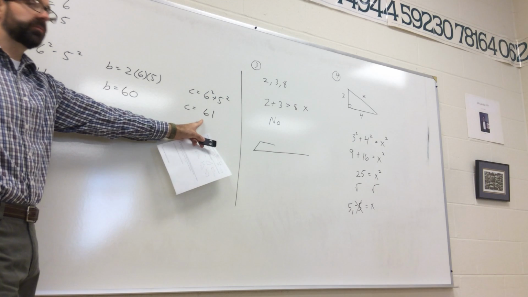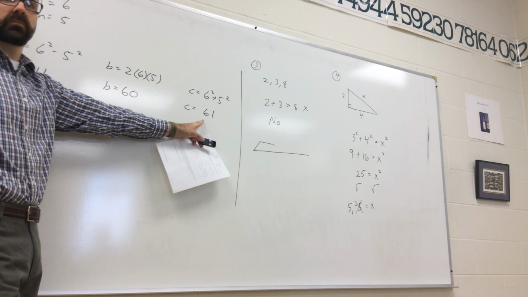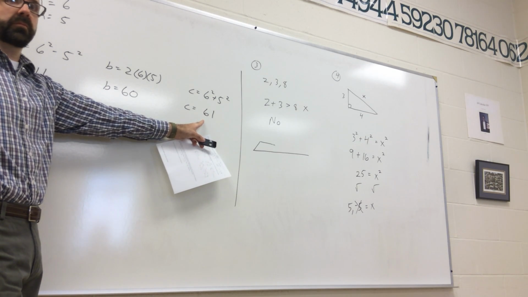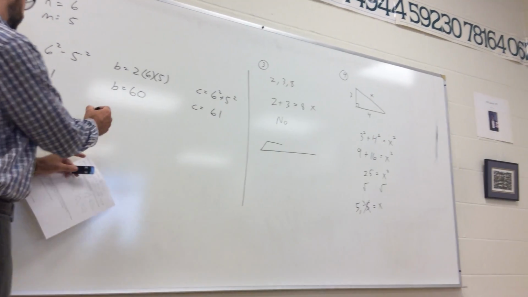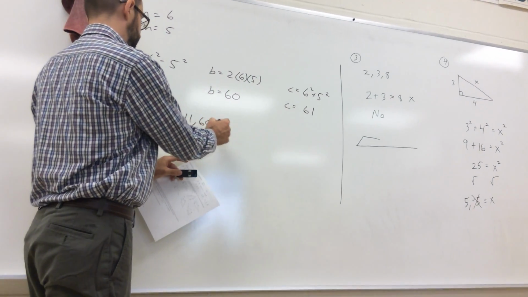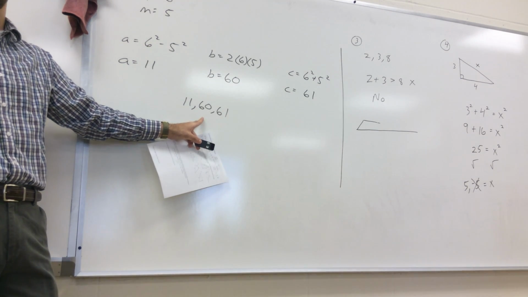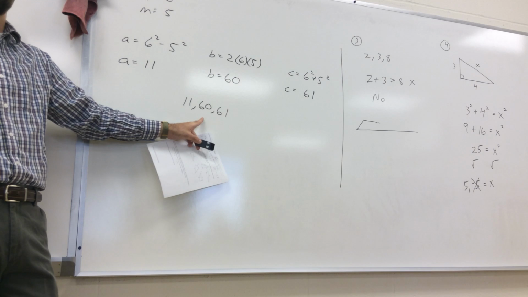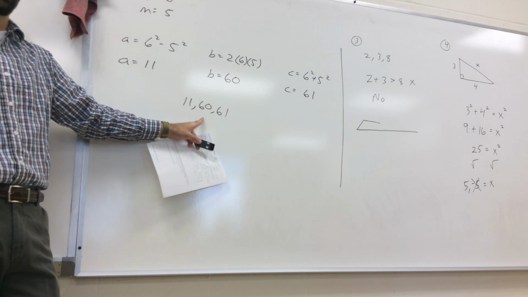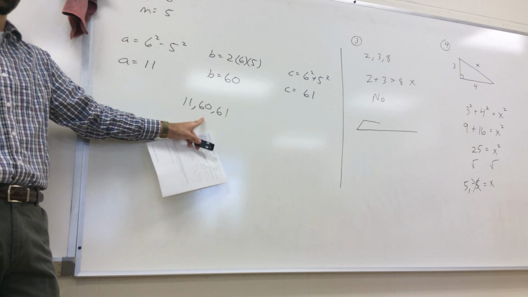Thank you. Okay, so now we got three numbers, 11 and 60 and 61. So what are these three numbers called? You got it. Pythagorean triple.